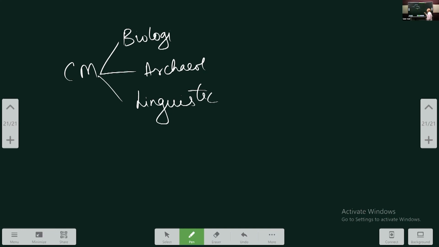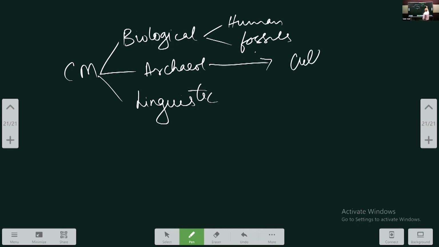We are using it in biological anthropology, for example, to study human variation, to compare fossils. We are using it in archaeology for cultural comparisons. In linguistic anthropology, to compare languages.